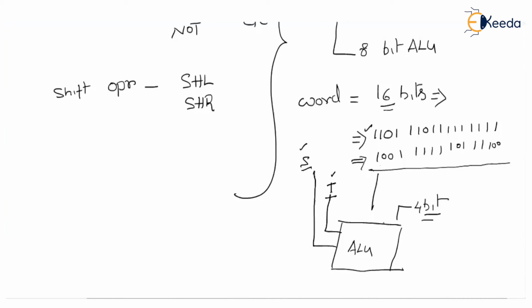And now, my ALU is a 4-bit ALU, right? Now, you need to understand the total addition or operation will be done in 4 stages. That is, the first 4 bits will be added to the first 4 bits, next 4 digits to the next 4 digits, next 4 digits to the next 4 digits, and final 4 digits to the final 4 digits.